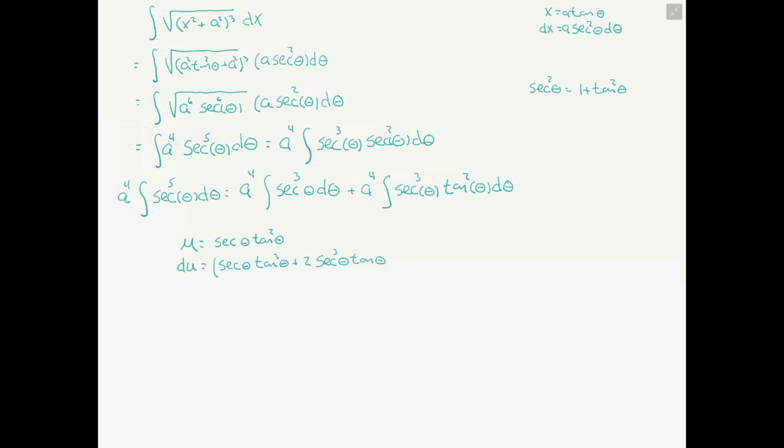As you can see, the derivative of our choice is pretty complex, and it's going to lead to multiple terms when we put them into the integral. Now, our next step is to choose a v, and here we chose tangent of theta, so dv is secant theta d theta.